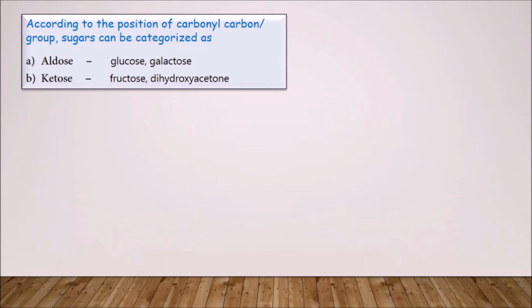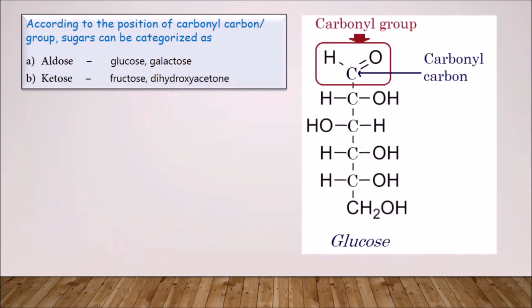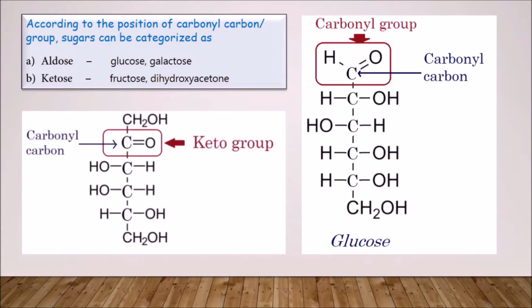Examples for aldose are glucose and galactose, and for ketose, examples are fructose and dihydroxyacetone. If the carbonyl carbon is internal to the chain so that there are other carbons on both sides of it, it forms a ketone group and the sugar is called a ketose.